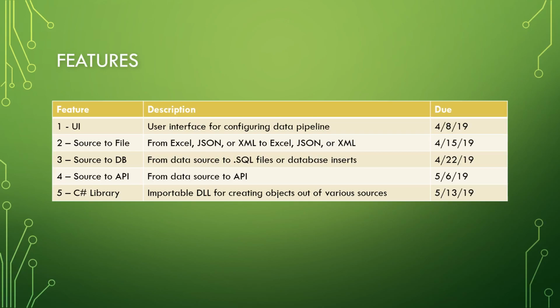And then finally, the importable DLL for creating objects of various sources. So what I mean by this is a DLL where you could build objects in the same kind of workflow that you would do in the UI. So in a DLL, you would have some kind of library call that would say take in data source, and somewhere else that data source is configured.